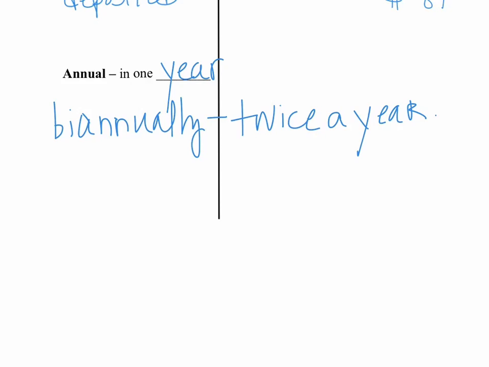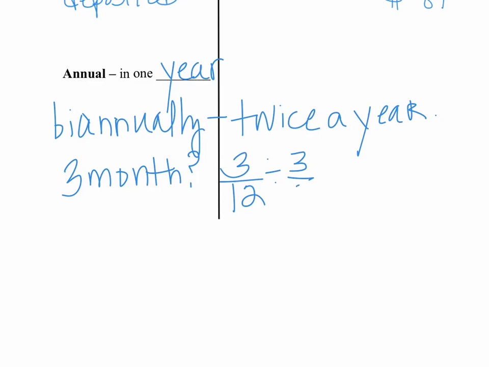You also need to know what, for example, 3 months is. That would be 3 out of 12, which is divided evenly by 3 top and bottom to give you 1/4. So 3 months would be a fourth of a year. What would 6 months be?